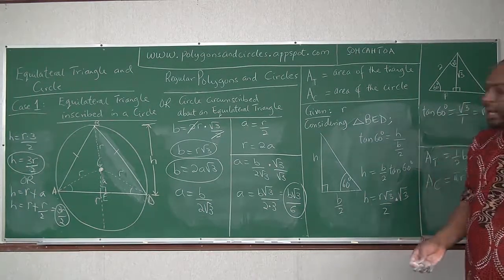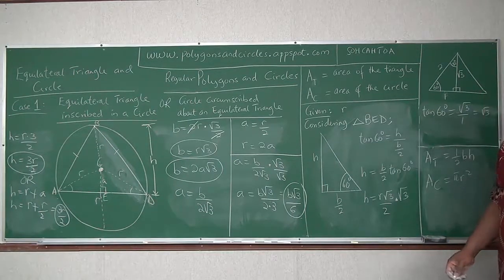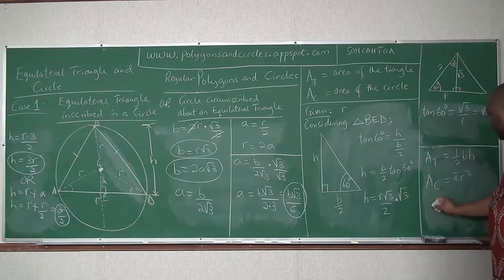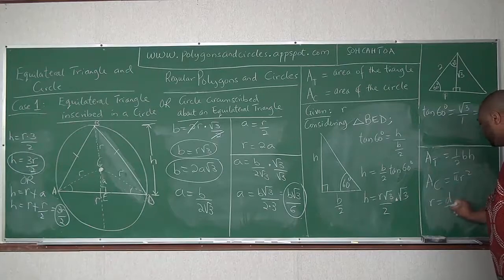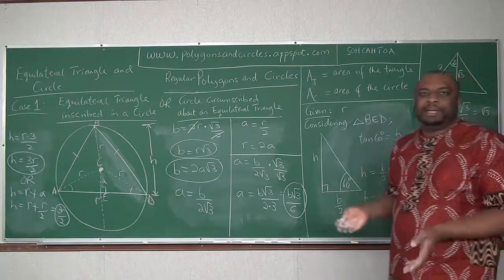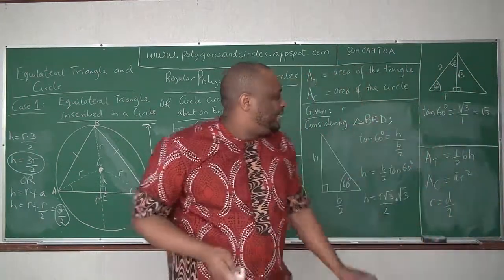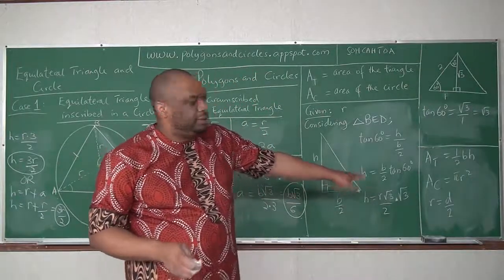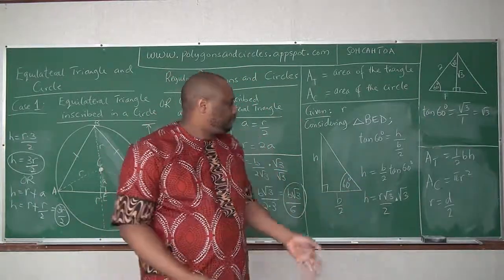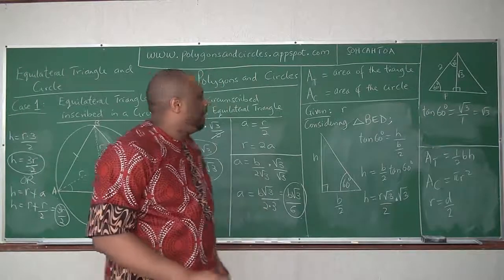Of course, by now, I hope you know that the radius is diameter over 2. Assuming they give you the diameter, to find the radius, you just do diameter over 2, and you get the radius.